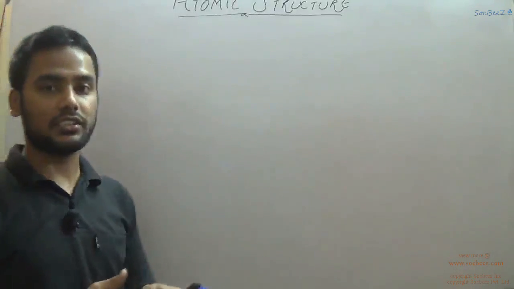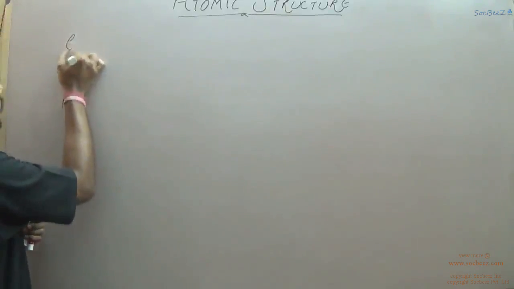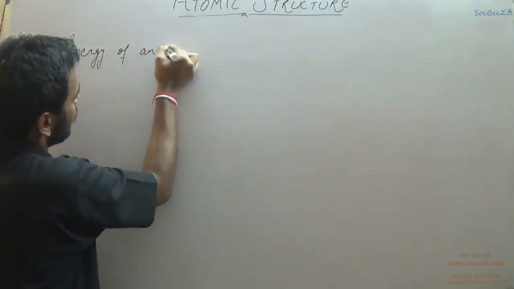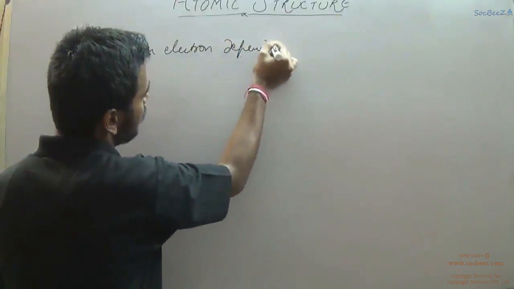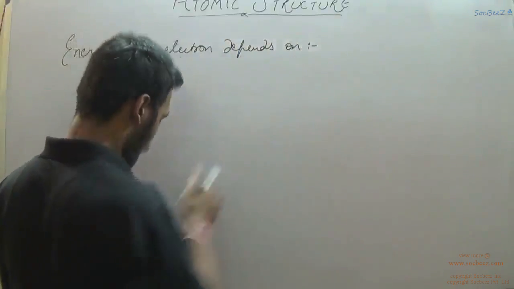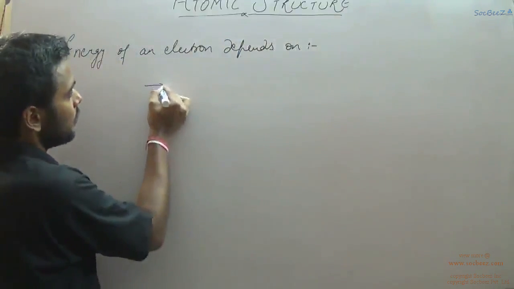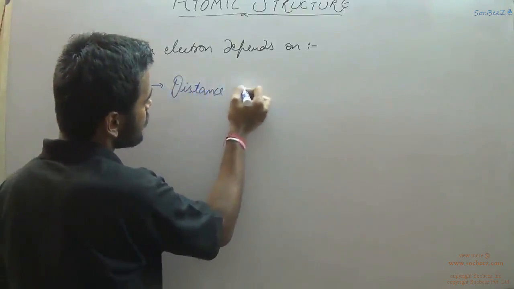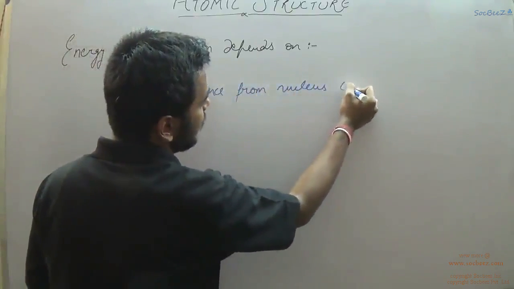While discussing energy, we must keep in mind the factors on which the energy of an electron depends. Energy of an electron depends on distance from the nucleus, that is n.